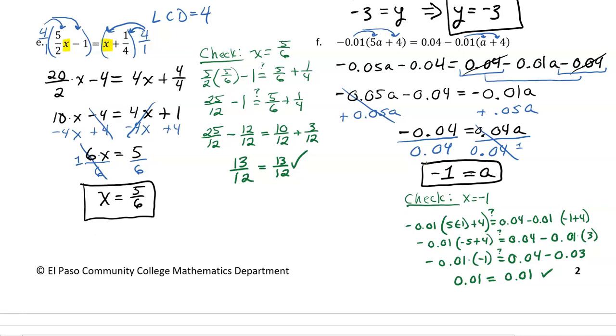Now, something to note about this particular problem. Because of the way the decimals worked out, something else we could have done. In fact, anytime you have decimals, you could do this. But in this case, it would be really useful.